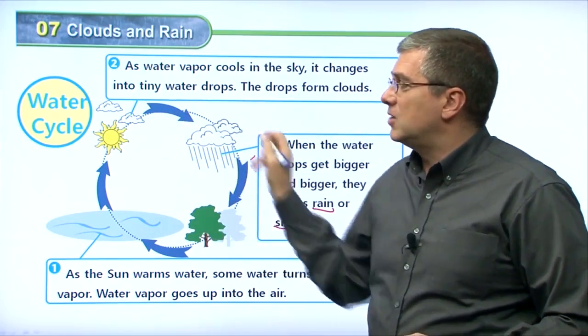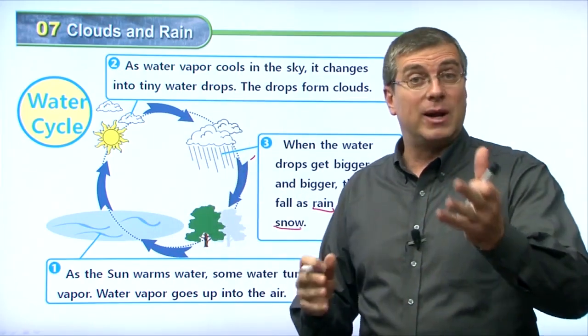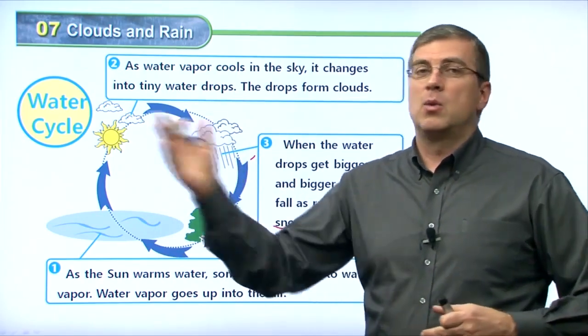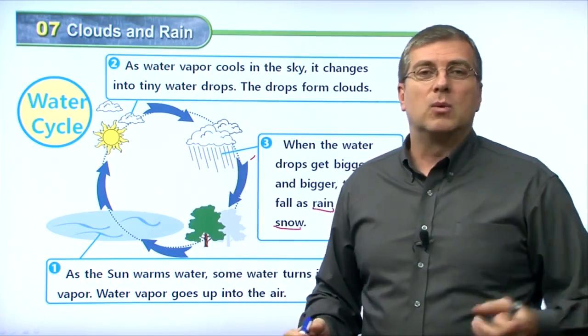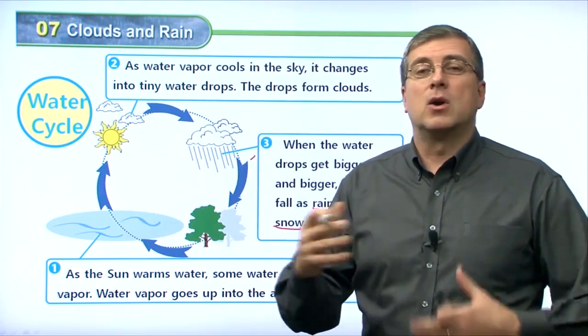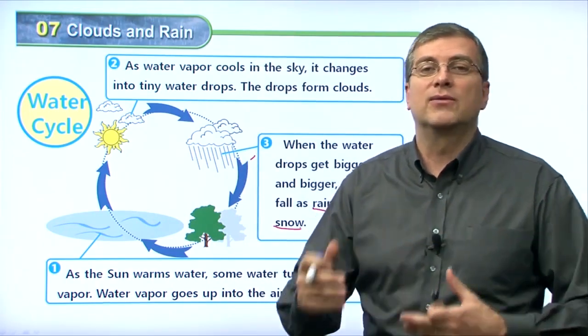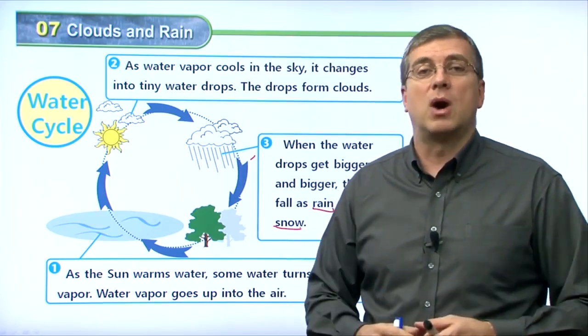And there are many different stages to the water cycle. Remember, it happens again and again. It's going on right now, right? Somewhere in the world it's raining. Somewhere in the world it's hot and water vapor is being formed. So this cycle is going on all around us all the time. Water is constantly moving from place to place, and that is the water cycle.